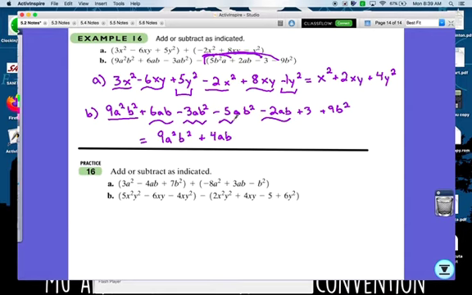I've also got a 5ab squared, so I can put those together. Negative 3 minus 5 gives me negative 8ab squared. And then I've got a plus 3. That's the only constant. And then I've got a 9b squared, which has the only b squared term by itself, so plus 9b squared.